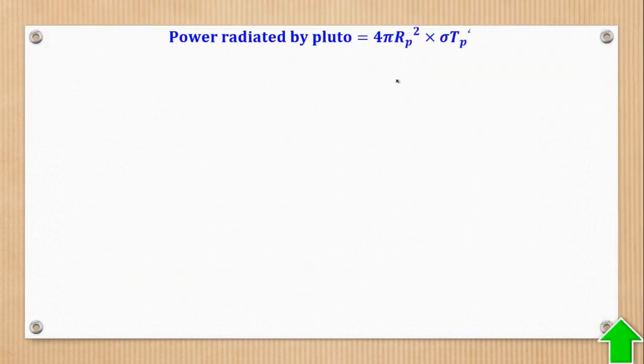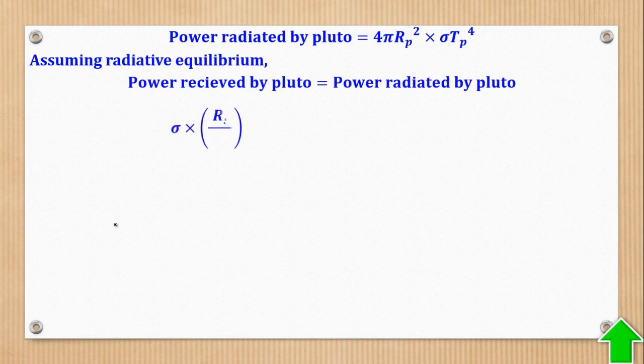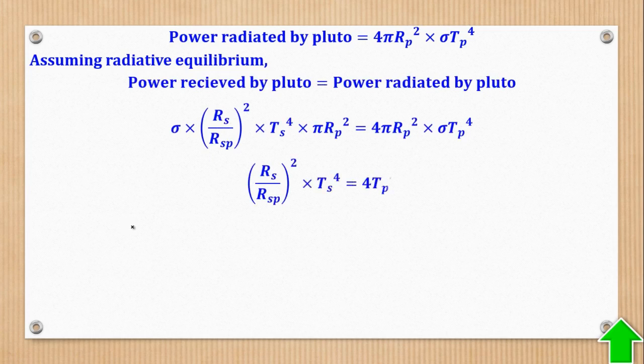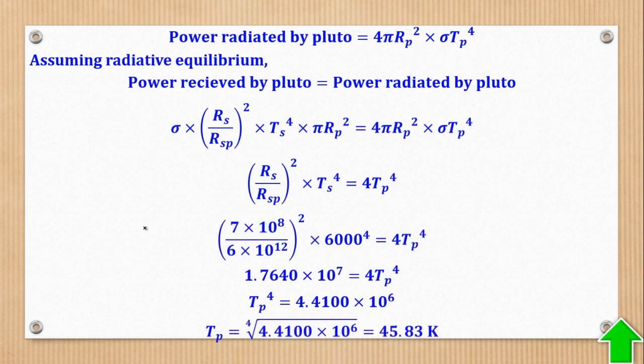What about power radiated? Area times Stefan's constant times temperature raised to the power 4. Then at equilibrium, we equate the two. When we equate the two, we shall come up with that. Then we simplify and substitute, then make Tp the subject, and Tp will be the temperature they wanted.